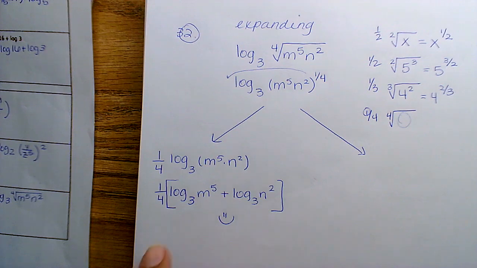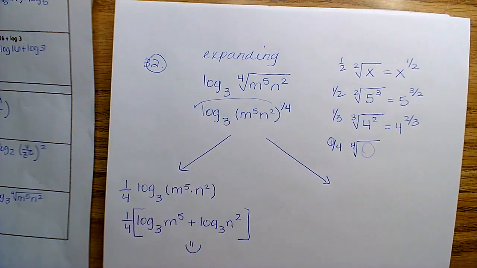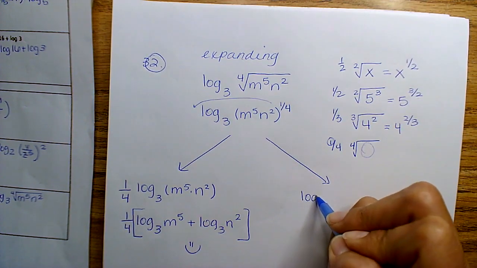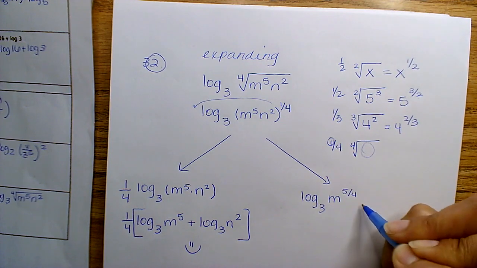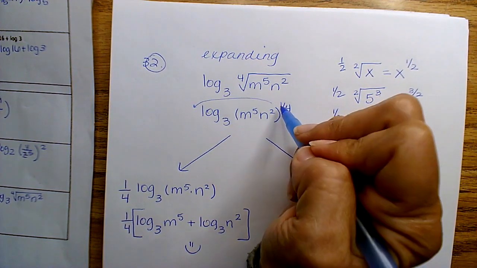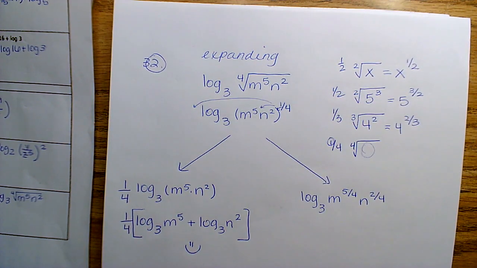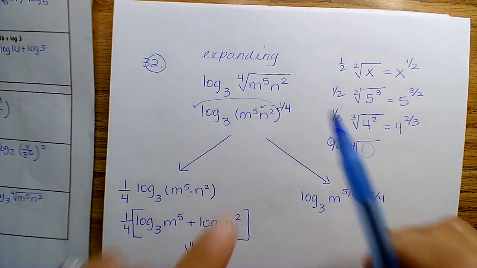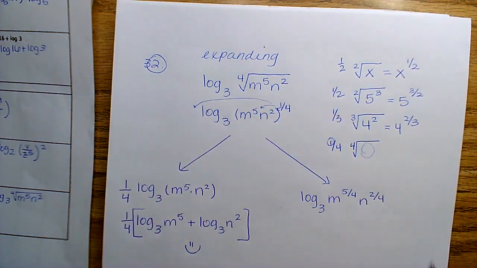However, if you didn't want that and you wanted to first distribute this 1/4, you would get log base 3 of m to the 5/4 n to the 2/4, right? Because I'm taking that 1/4 and I'm distributing it to the 2 bases. So 5 times 1/4 is 5 over 4. 2 times 1/4 is 2 over 4.